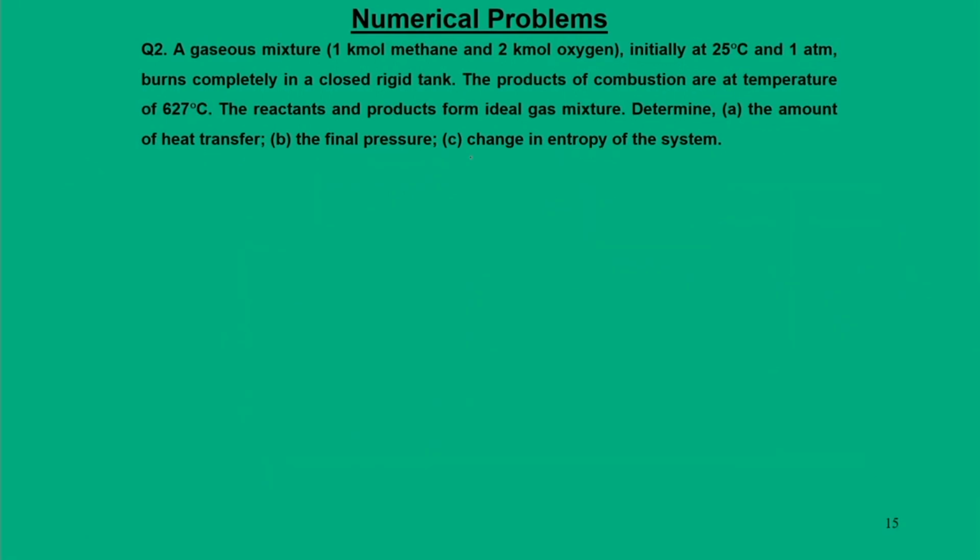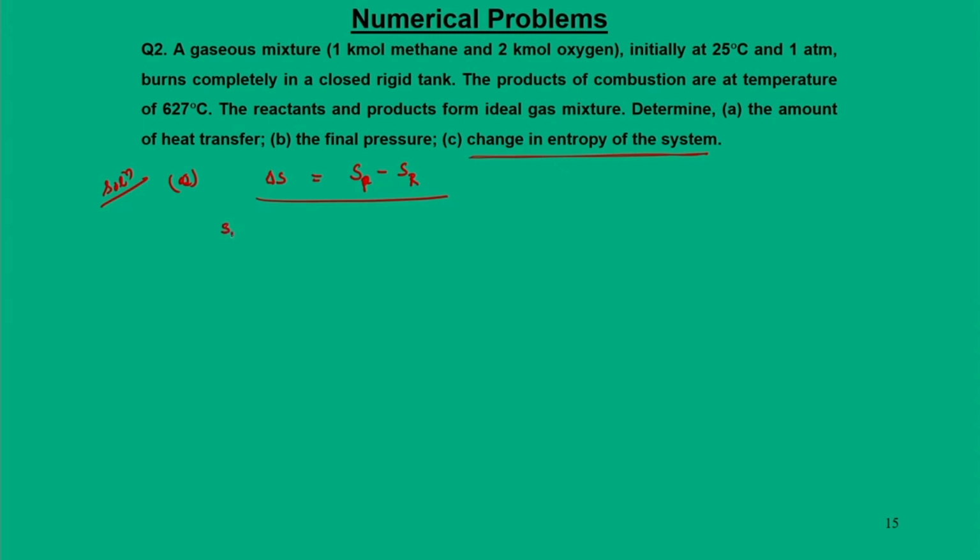Then the last part, which we emphasized in this particular lecture, is how to calculate the entropy. Entropy evaluation requires the final product entropy and the final reactant entropy, that is entropy of products minus entropy of reactants. This will give you the entropy change for this closed system.